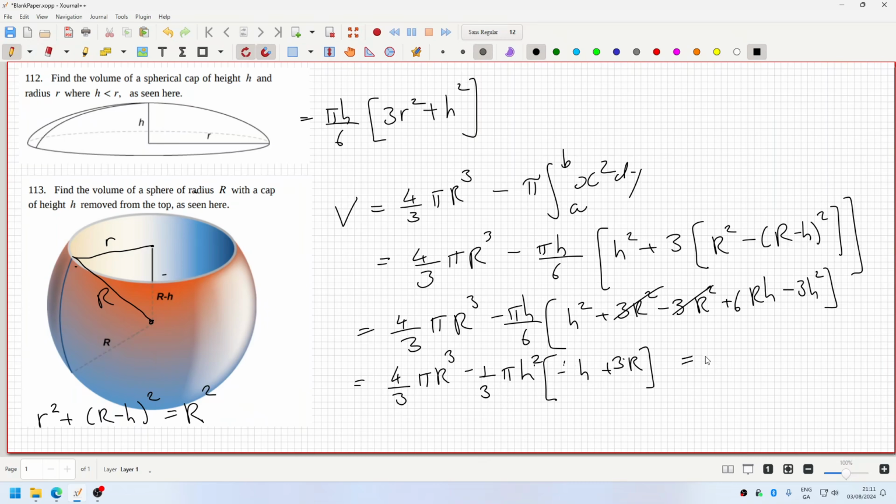So I can take pi over 3 out. I'll be left with 4r cubed minus h squared times h, that's plus h cubed, and then minus 3rh squared. Nothing in common comes out. Everything's in terms of r and h.